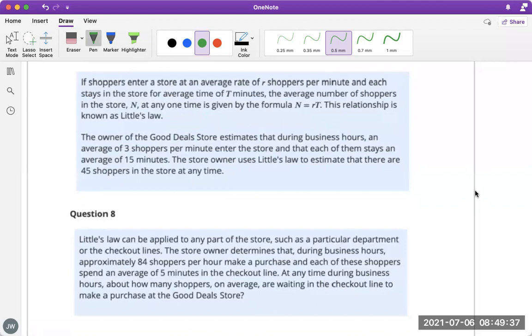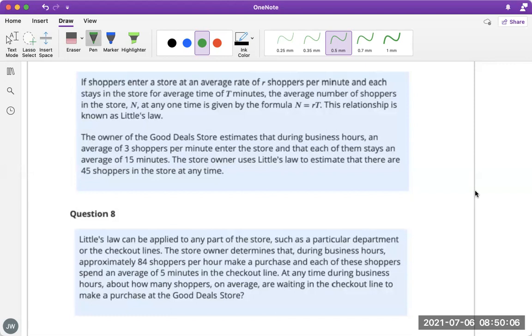This relationship is known as Little's Law, okay? The owner of the Good Deal store estimates that during business hours, an average of 3 shoppers per minute enter the store, and that each of them stays an average of 15 minutes. The store owner uses Little's Law to estimate that there are 45 shoppers in the store at any time.